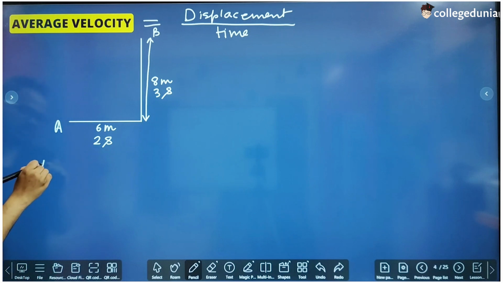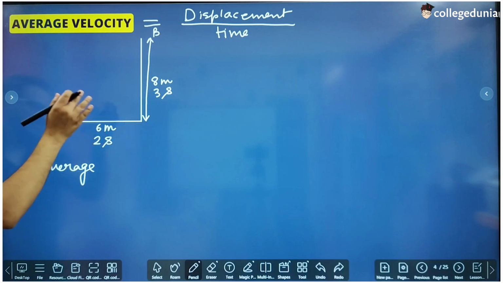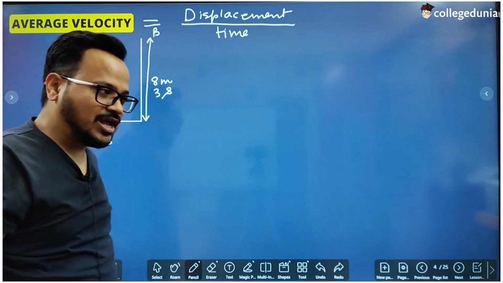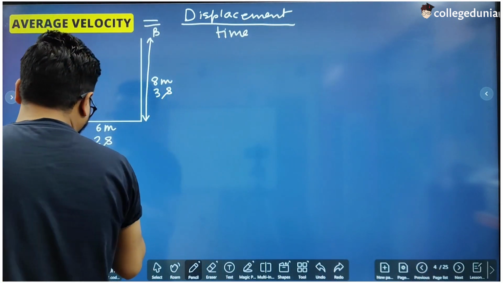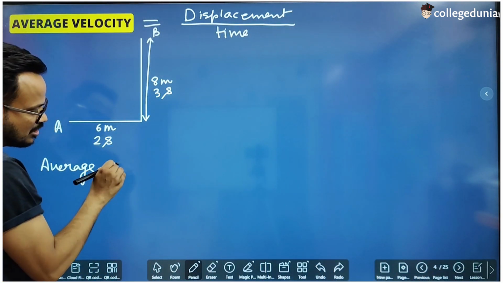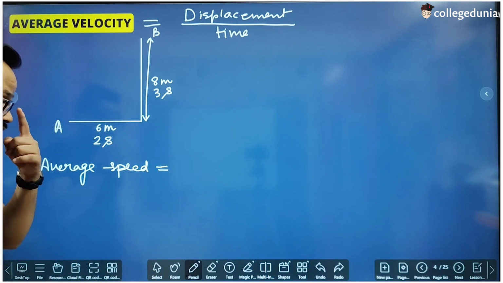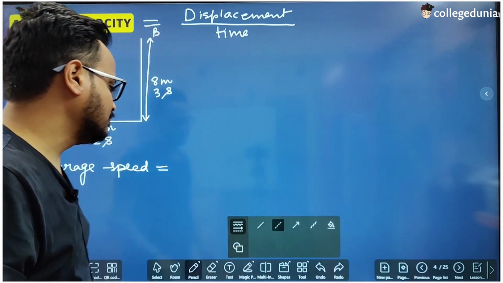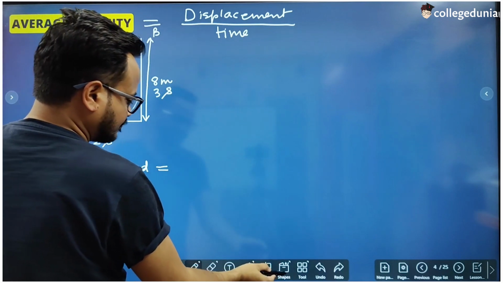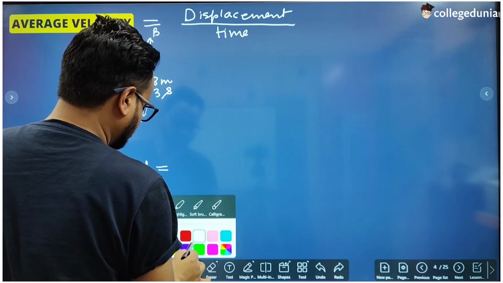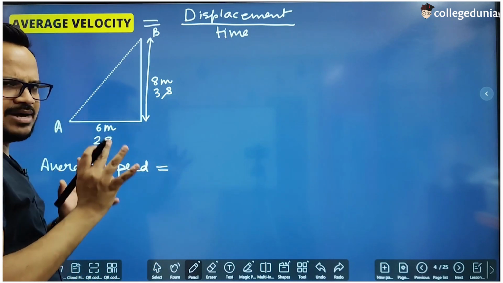Now we are talking about 2D motion because the body has taken a turn. So we cannot use the symbol V average for speed also. We have to find both average speed and average velocity in this situation. So average speed is total distance traveled by total time taken.